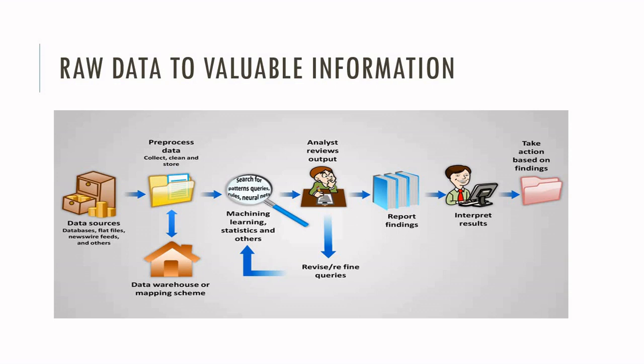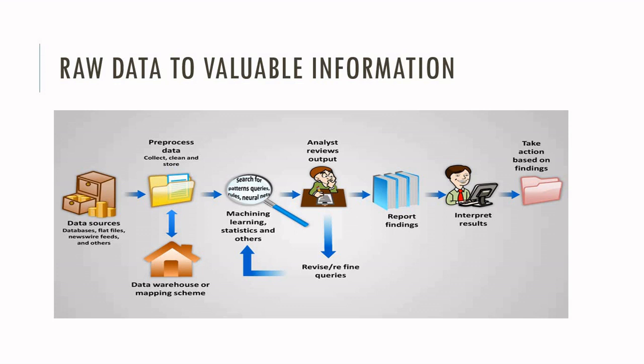Now we apply the data mining algorithms on the data warehouse. By applying those algorithms, we are able to extract valuable patterns or valuable information from the data warehouse. Now an analyst reviews the outputs, and based on the review they create the reports. Based on the reports, an employee interprets the results, and based on the results the employee takes action based on the findings.